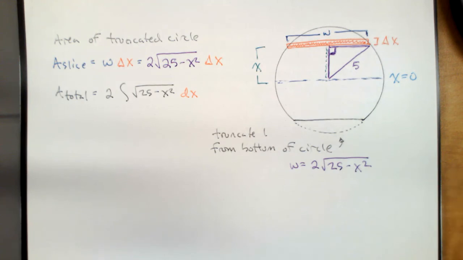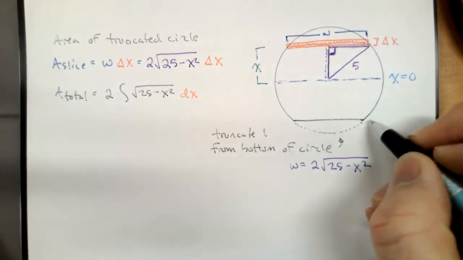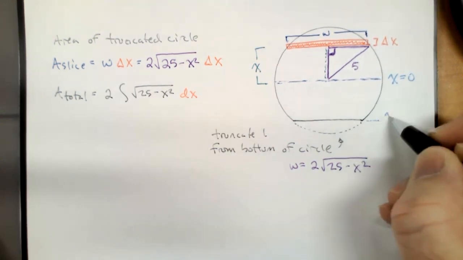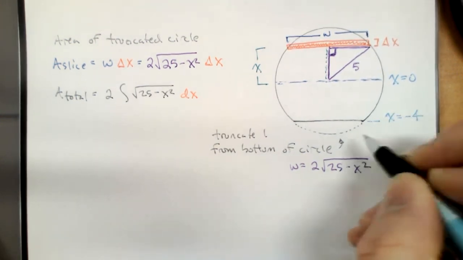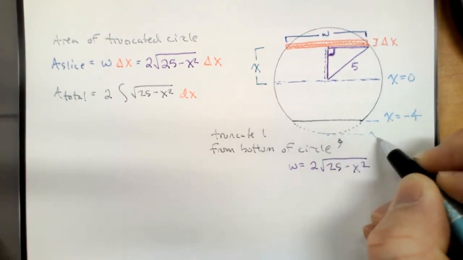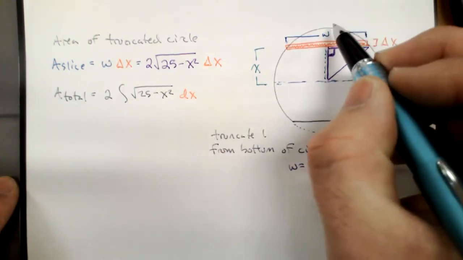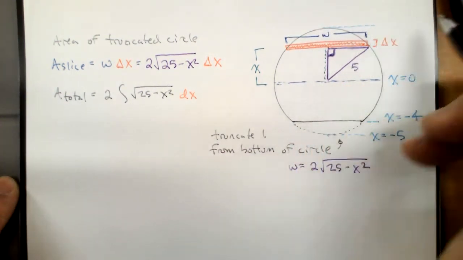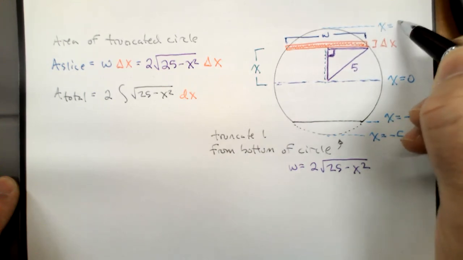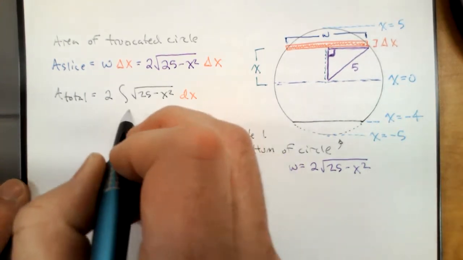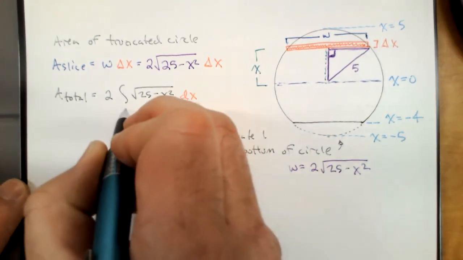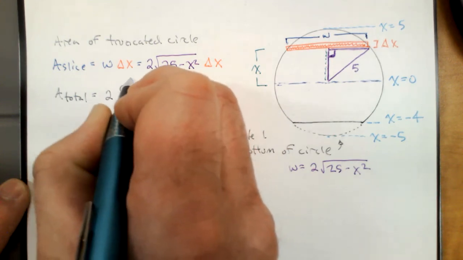So down here at the bottom, is where x equals -4, because at the bottom of the circle is where x equals -5. I've cut that part off. So now x starts at -4. I still want to go all the way to the top of the circle. But instead of going from -5 to 5, I'll go from -4 to 5.